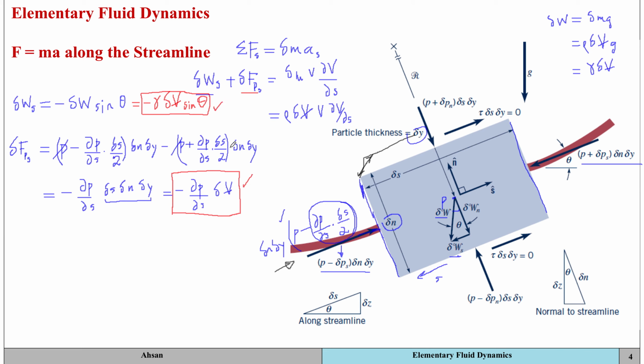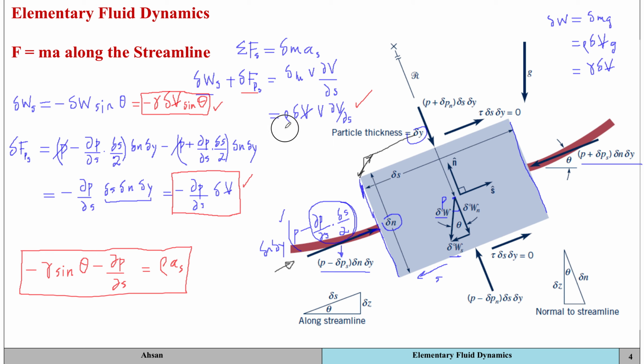And now that I found out the weight force and the pressure force in the streamline direction, I can substitute both of these into this equation over here and simplify it further, and I will get the equation that I'm going to show you here now, which is minus gamma sine theta minus partial P by partial S, which is equal to rho into, and this gets canceled out, and this term is the streamwise acceleration, so it's rho into AS.